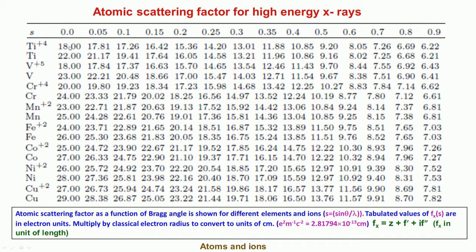Suppose the atom is ionized, then the number of electrons is going to be less. So, essentially the atomic scattering factor is going to be different for an atom and an ion.